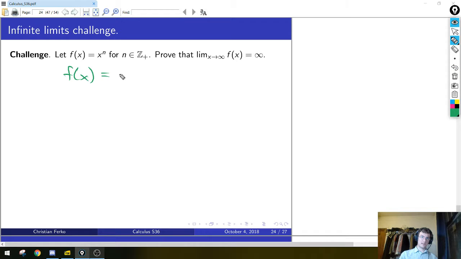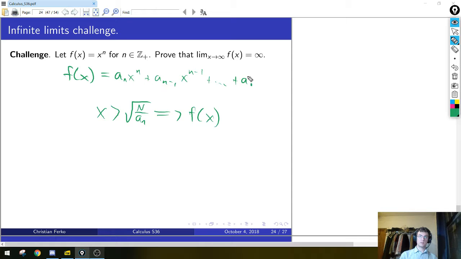If I have positive coefficients a n x to the n plus a n minus 1 x to the n minus 1 plus dot dot dot plus a 0, then the same proof goes through, because if x is greater than the nth root of the big number we need, n over a n, then f of x is going to be, well, we're only adding positive numbers to that first term.